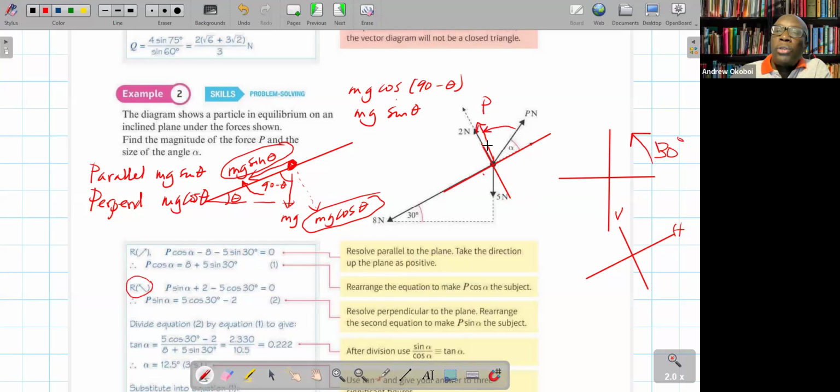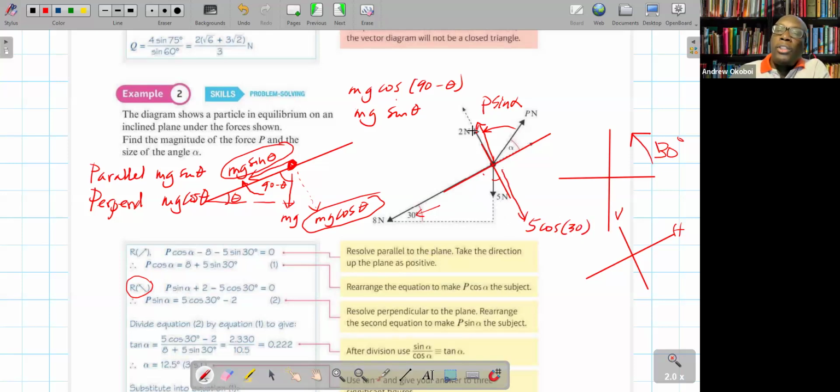I just didn't want to draw it on top of it. This is P sine alpha, because I have moved away from this alpha degree. Now this angle here is always the same as this angle here. So this one here is 30 degrees. So if I turn this 5 newtons, I'm going to get something that looks like this. 5 cos 30 degrees.